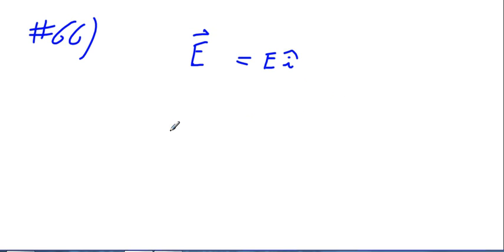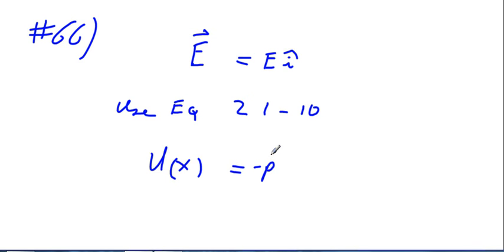So we're going to use equation 21-10 and say U of x is equal to minus P, the dipole moment, dotted with the electric field.